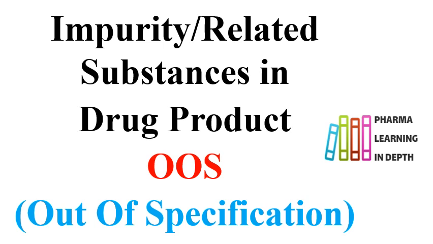That time the observation will be that the OOS is there. That means the product is failing and the results are out of specification. Out of specification means not complying to the specification limits.